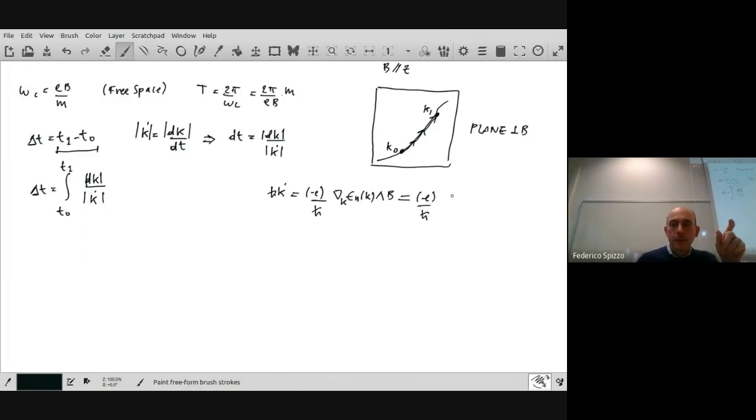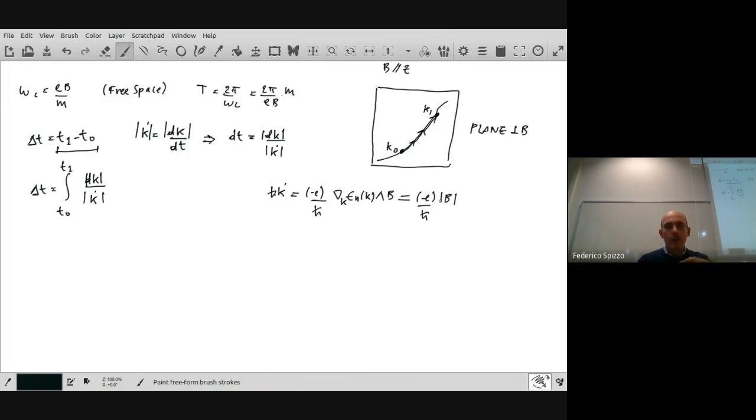So here we may write the modulus of B, and then what is left regarding the gradient is just the component of the gradient that is in the plane orthogonal to B, because the component of the gradient that is parallel to B gives us a vector product that is 0.